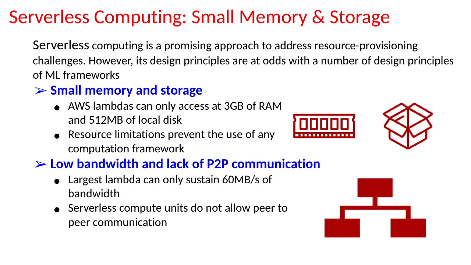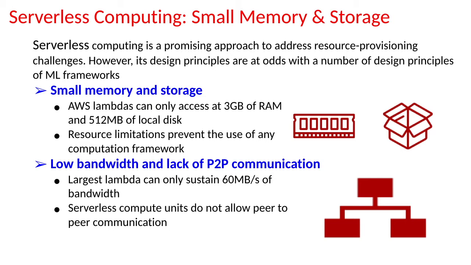The first one is small memory and storage. AWS Lambda can only access 3 GB of RAM and 512 MB of local disk. The resource limitation prevents use of any computational framework. The second one is low bandwidth and lack of peer-to-peer communication.